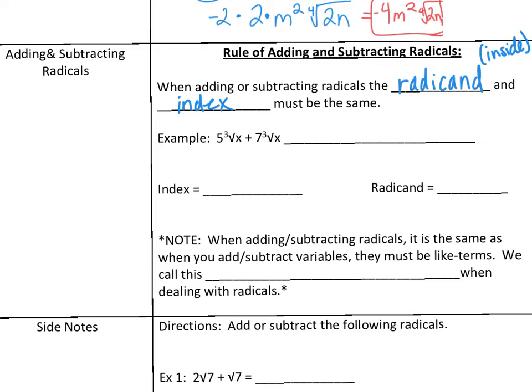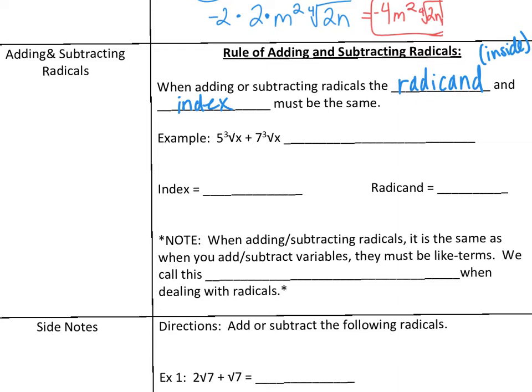So looking at that example, is my radicand the same? Yes. What is it? X, okay? These both just have one x as a radicand, so I'm good there. What's the index on these? 3 and 3, is that the same? Yep, so I'm good to go. What I'm going to do is leave the index and the radicand the same.